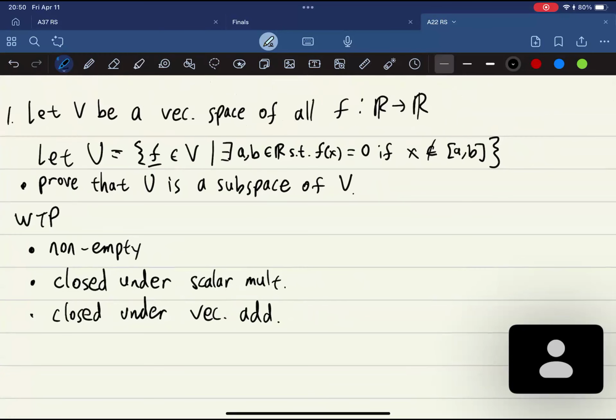But I think f of x equals 0 doesn't work here because, oh no, actually, yeah, f of x equals 0 will work.